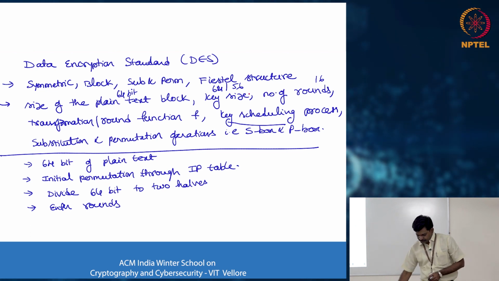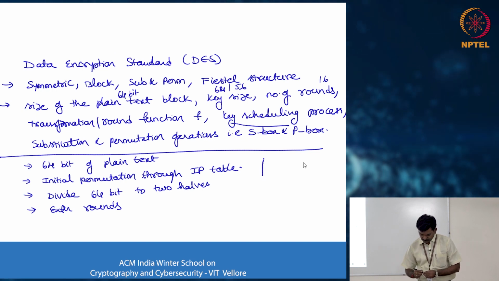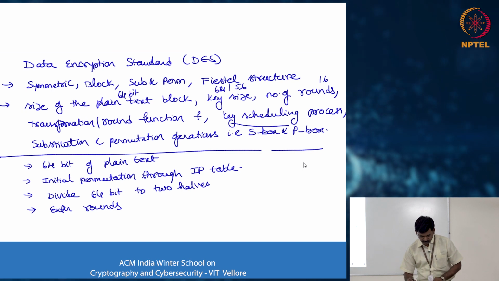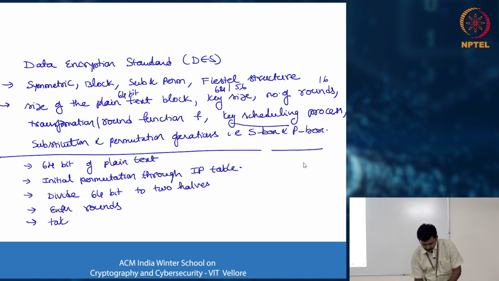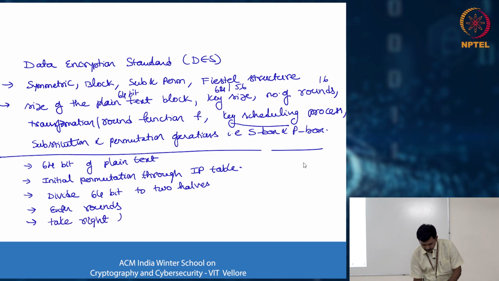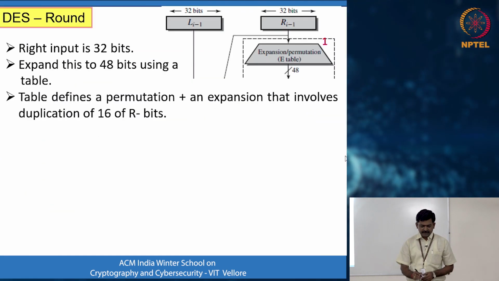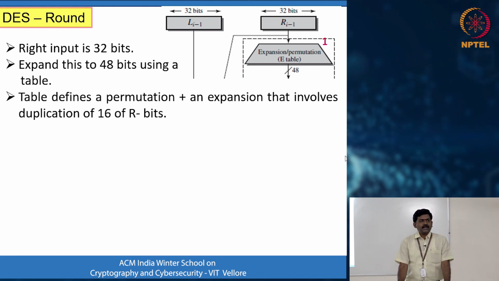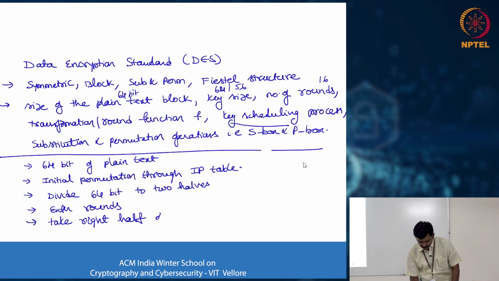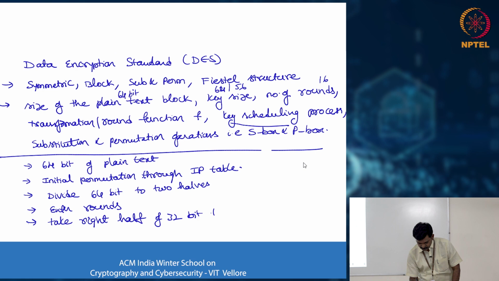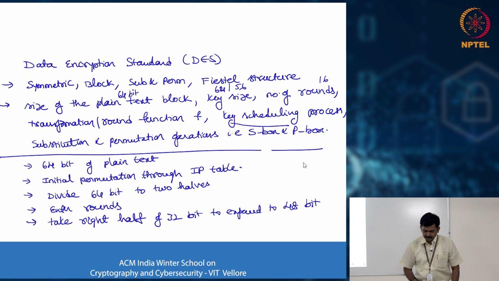Enter into the rounds. What do you do in the round? Take the right half. So the right half of 32 gets expanded to 48. How do you do that?